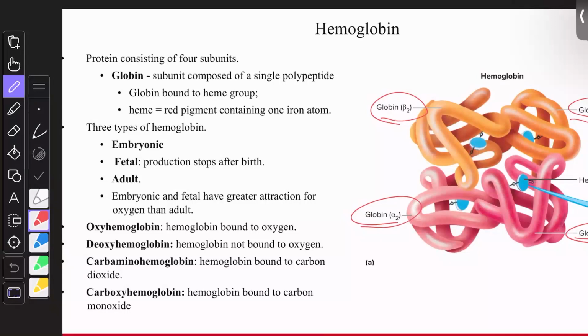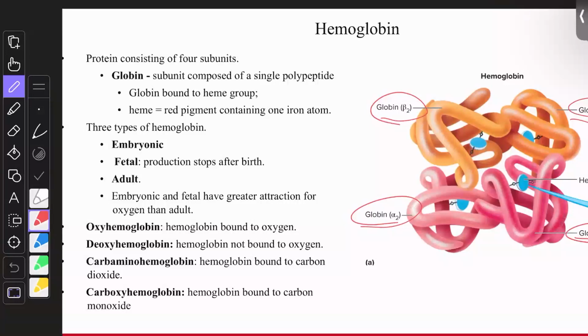This is something that happens with species that are adapted to live in high altitudes. Their hemoglobin becomes more sensitive to the presence of oxygen because oxygen is at such a lower level at high altitudes. And so this is what happens, right? Once the fetus is born, production stops after birth.